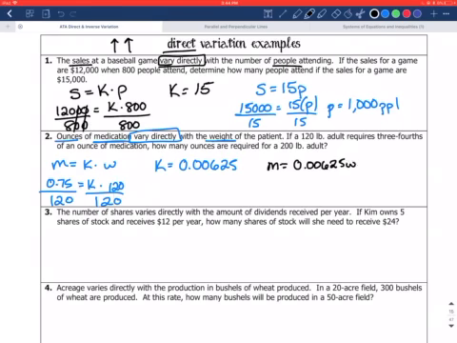And now it says how many ounces of medication are required for a 200-pound adult. So we're going to plug in 200 for the weight, and that will be 1.25. So I remember this problem because I always discuss this same thing from previous semesters about how this is really important, right?